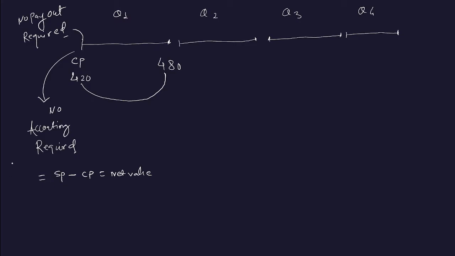So now Dinesh is calculating from his side. 480 minus 420 would be 60. Then 60 into 1000 shares. Am I right? Yes, sir. 60,000. Any question on this part? No, sir. Okay.